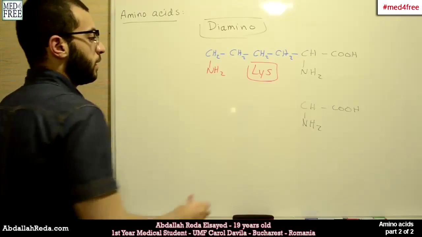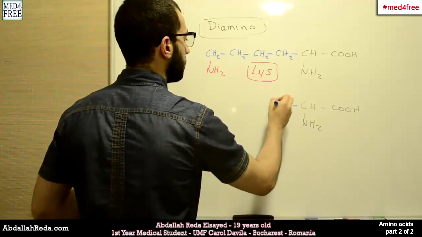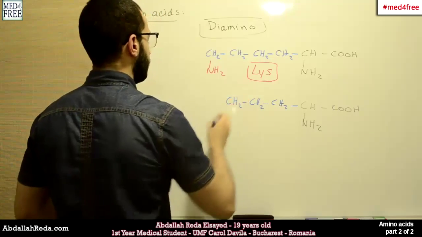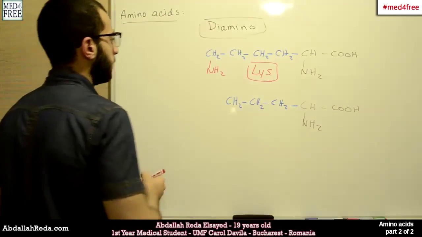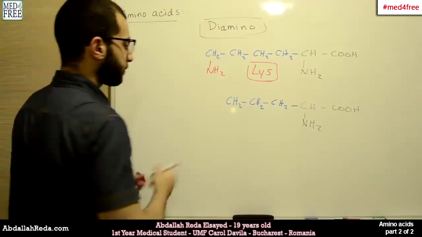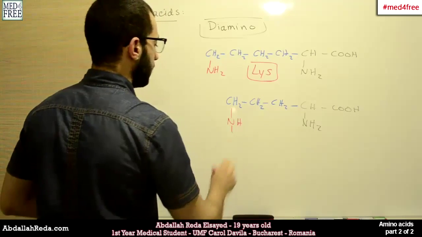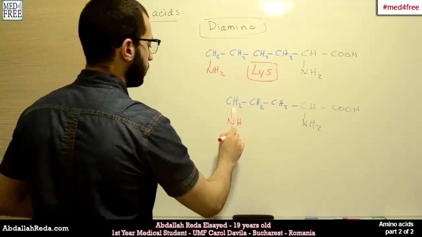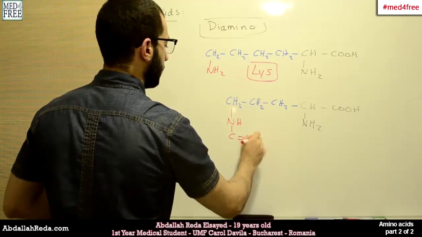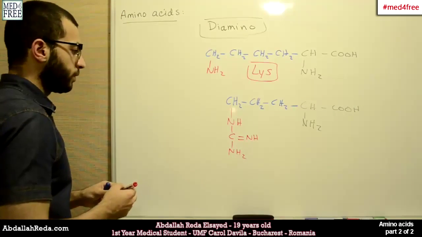For arginine, we will add just 3 more carbons like this, and then we will not add an amino group directly, we will add a group called a guanidine group. The guanidine group looks something like this. We have an NH, and then the nitrogen is bound to a carbon that has a double bond with another NH, and finally, we have our amino group.